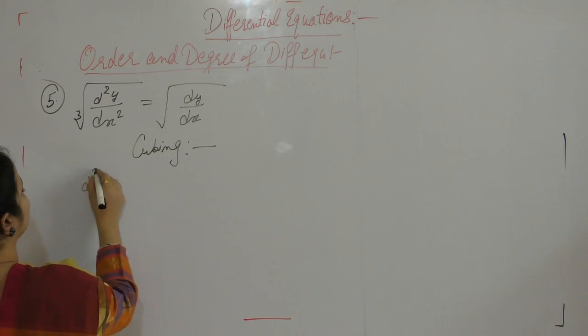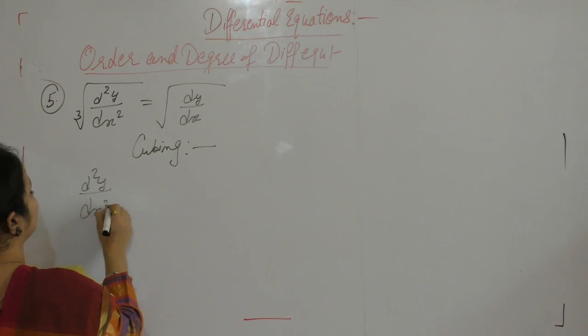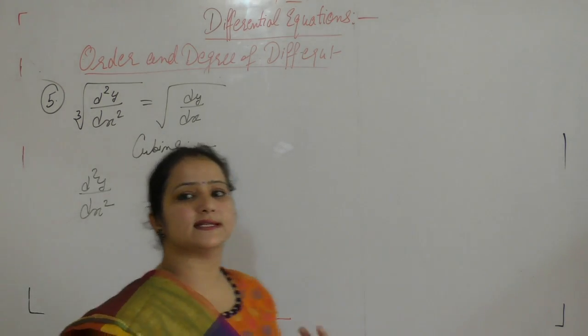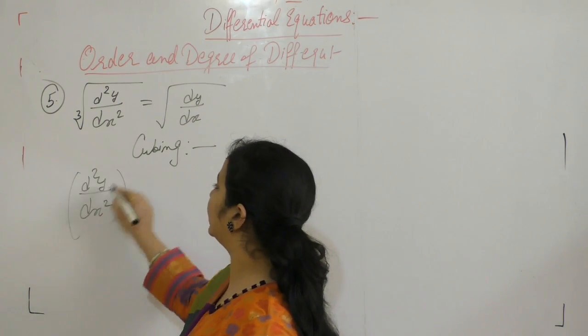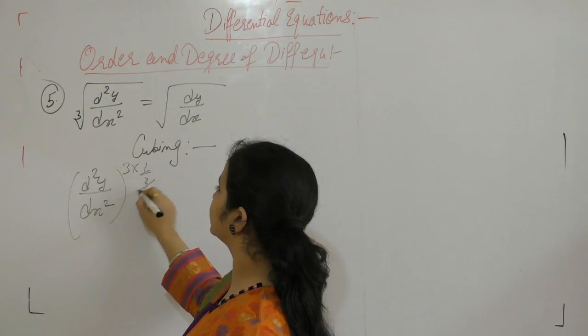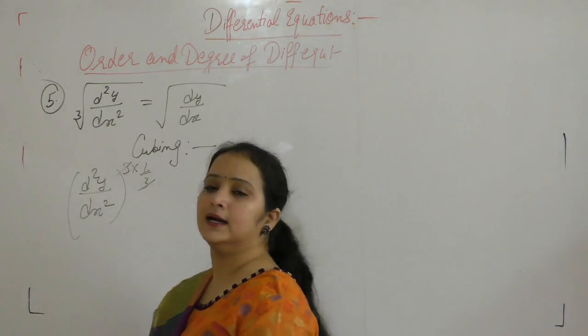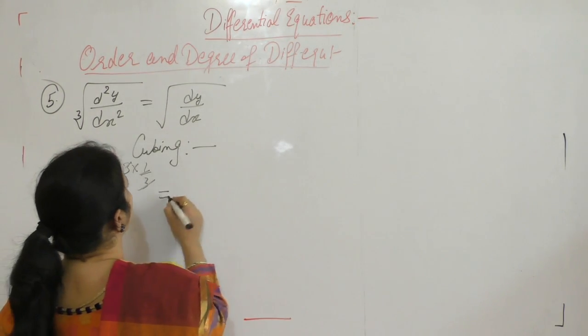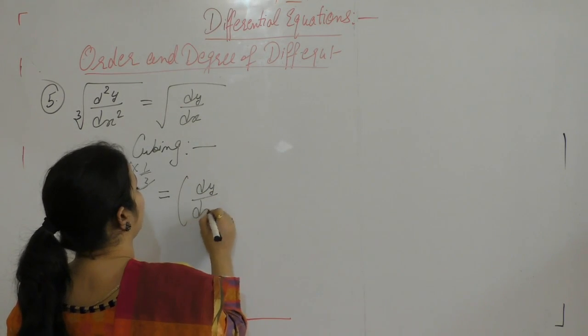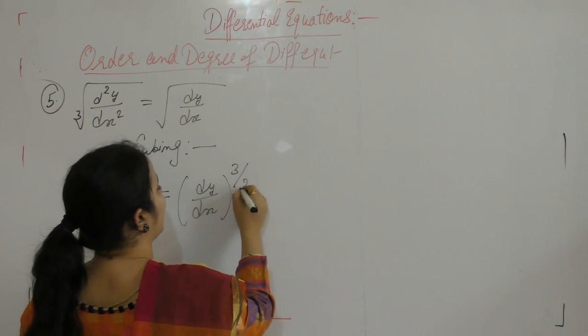Taking cube on both sides we get d square y upon dx square. Cube root means its power is 1 by 3. When we do cubing, 3 into 1 by 3 cancels and we get d square y upon dx square. Now when we do cubing here, its power is 1 by 2 into 3, that is 3 by 2.